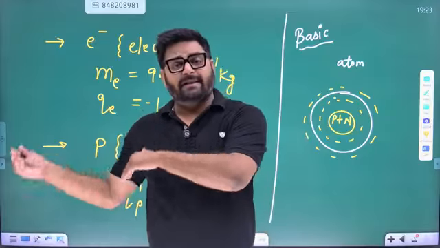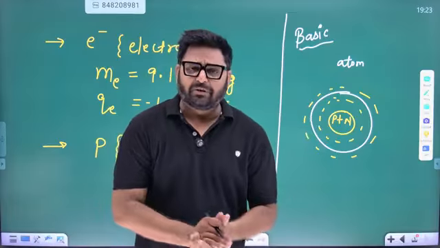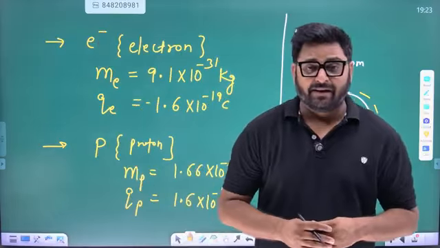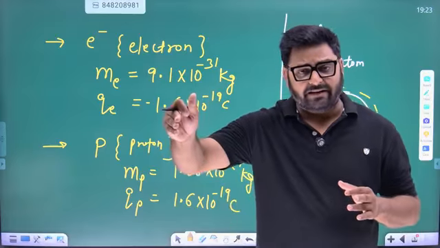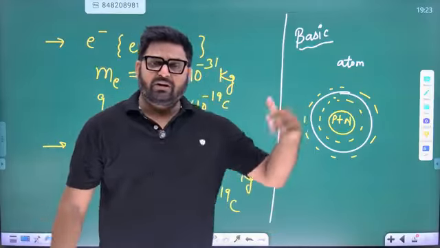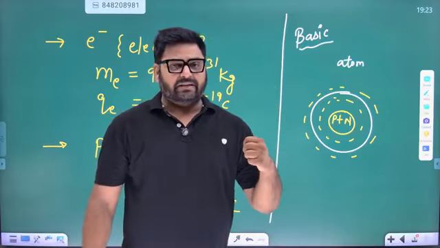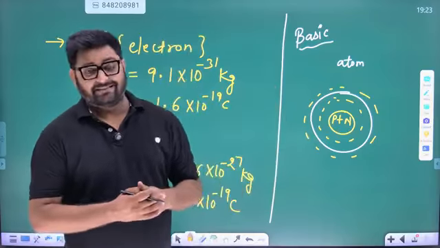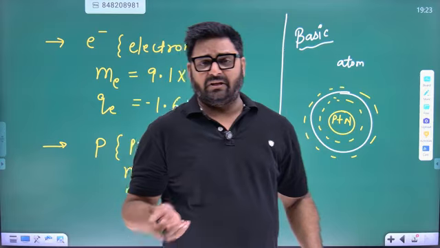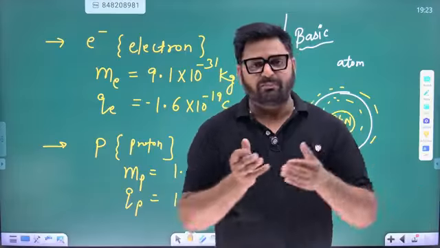Suddenly 2 more girls came to the class, and the number of girls became 12. So the number of boys is still 10. So can I say the number of girls is more than the number of boys? Yes. So in these 3 cases, in the first case the number of girls was less, in the second case the number of girls was equal, and in the third case the number of girls was more than the number of boys. Okay, so the credit should be given to the girls, not to the boys.